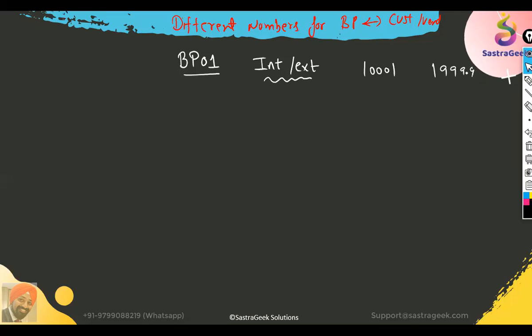Then my customer account group is CA01. It can also be either internal or external, it can be both. Let's say this is also internal, and the number range which I have mentioned is 90001 to 99999.